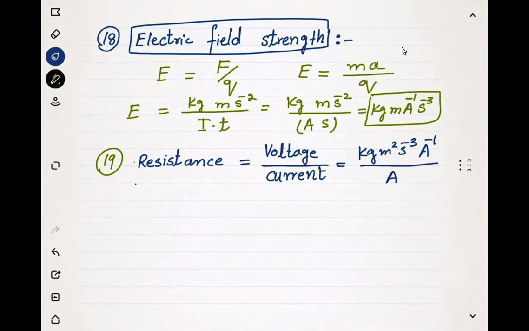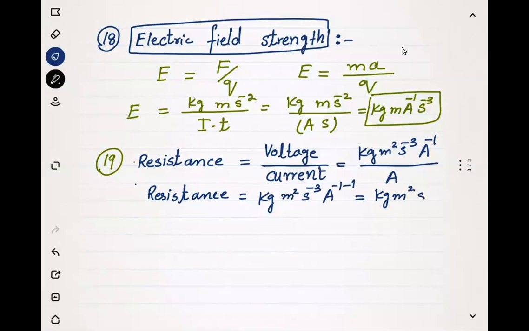So the base unit of resistance will become kilogram meter square second minus 3 ampere minus 1 minus 1. So this would become ampere minus 2. So kilogram meter square second minus 3 ampere minus 2.